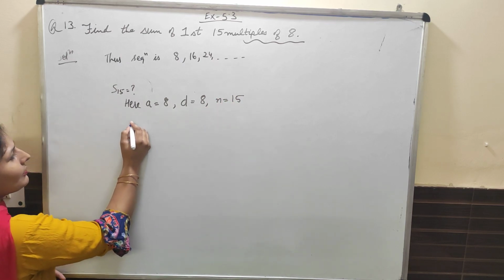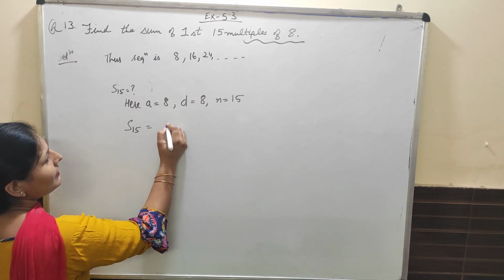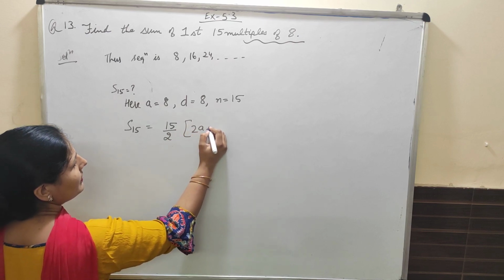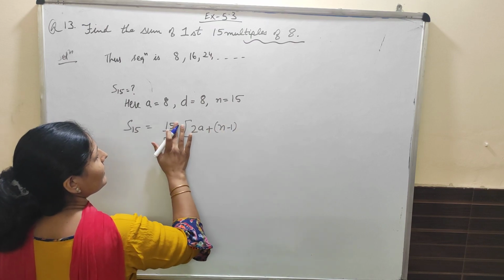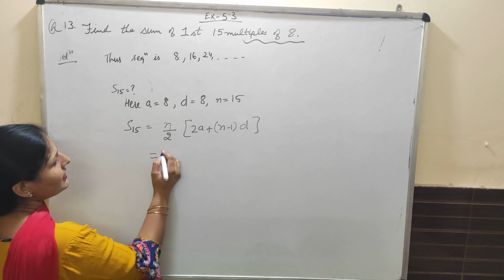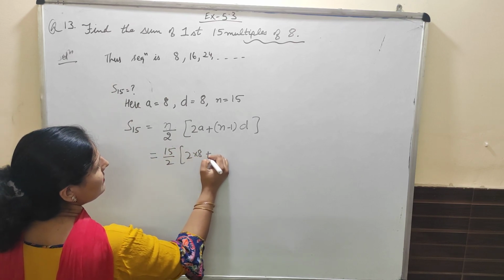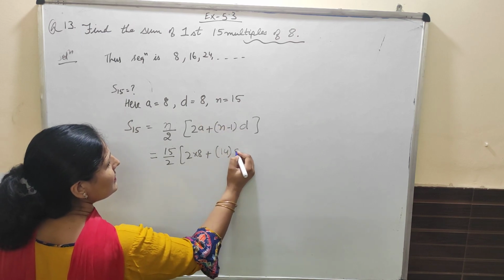Now we need to calculate S15 only. Let us write the formula first: N by 2, 2A plus N minus 1 into D. Then N is 15, A is 8, 15 minus 1 is 14, D is 8.